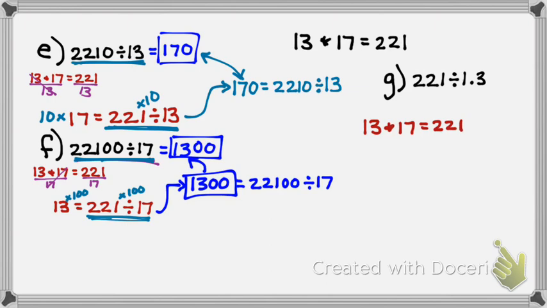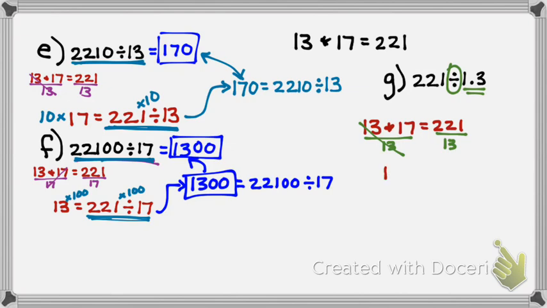I see that it has division here. What should I divide by? I want whatever's after it to be the thing that I divide by. So what looks the most like that? The 13. So I'm going to divide both sides by 13 to begin with.